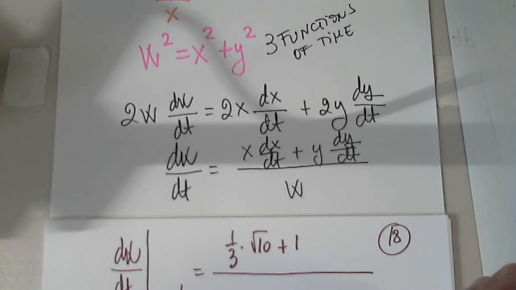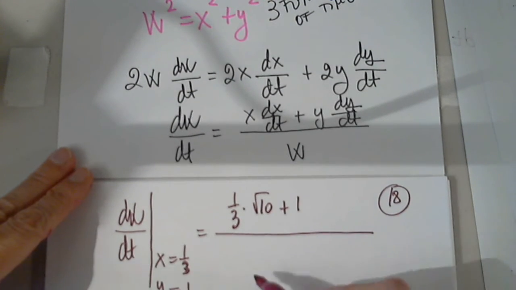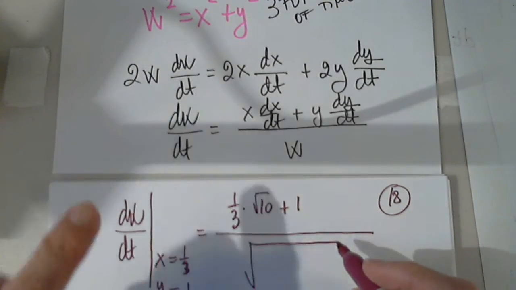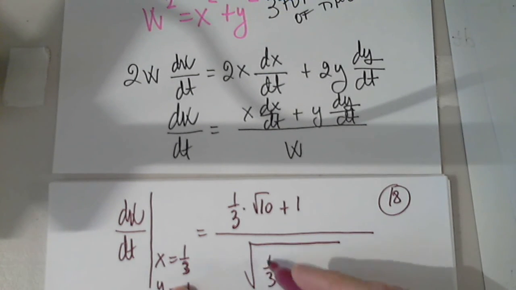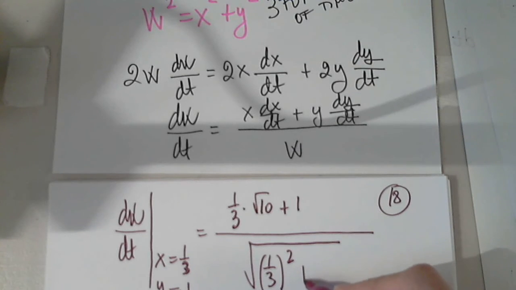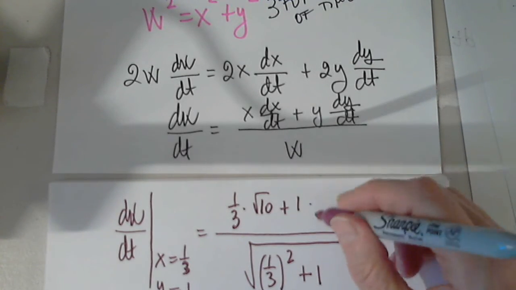Dy over dt, which we have to determine, and w, which will be the square root of x squared, which is 1/3 squared, plus y squared, which is 1. But here I have to find dy over dt.